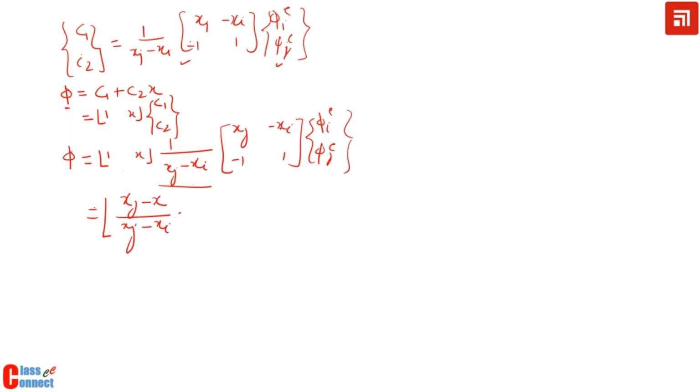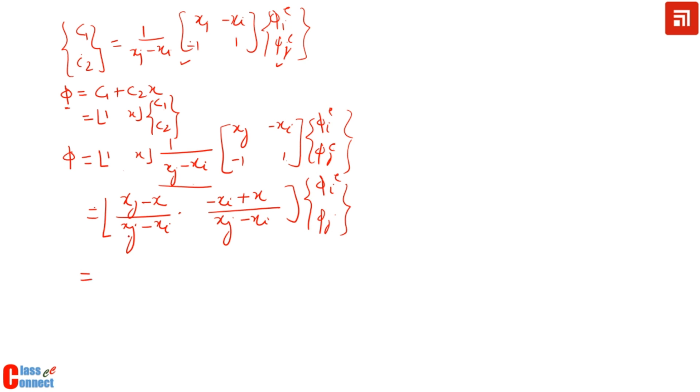And this to be multiplied by this, I get minus xi plus x, because x is to be multiplied by 1, divided by xj minus xi, and this is to be multiplied with phi i and phi j.